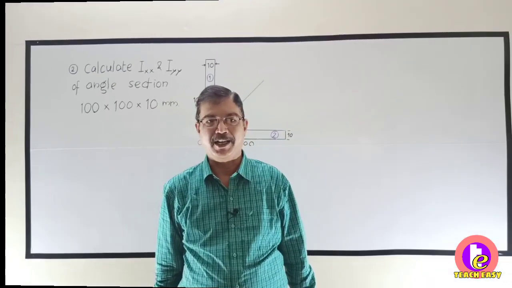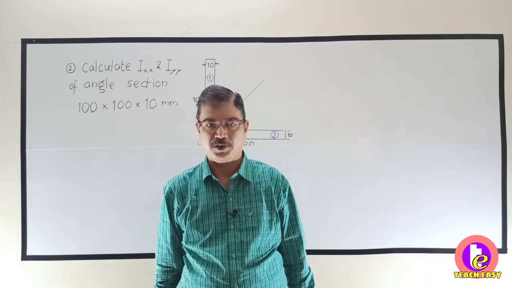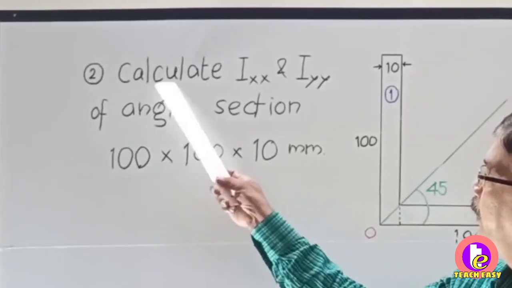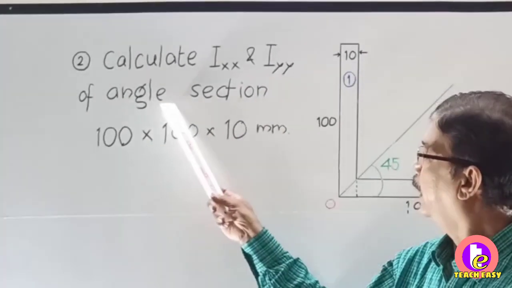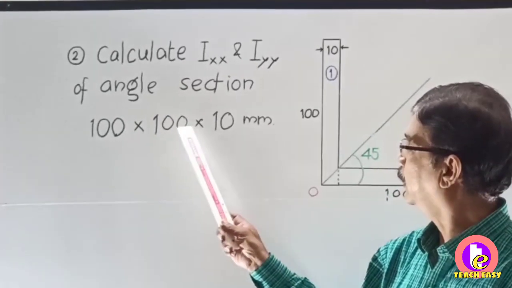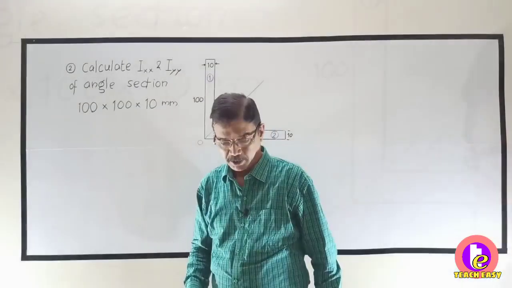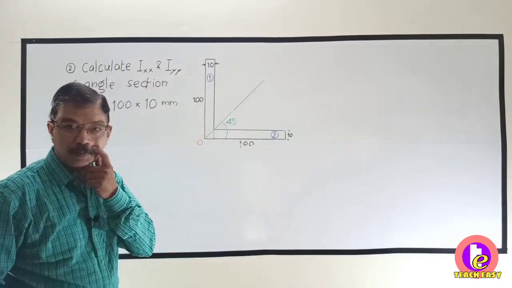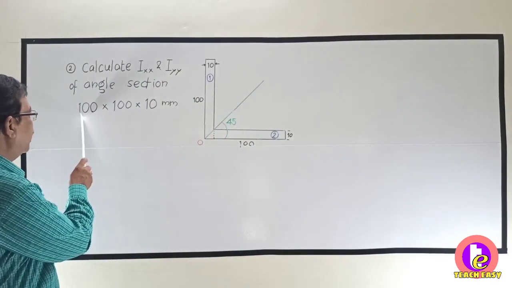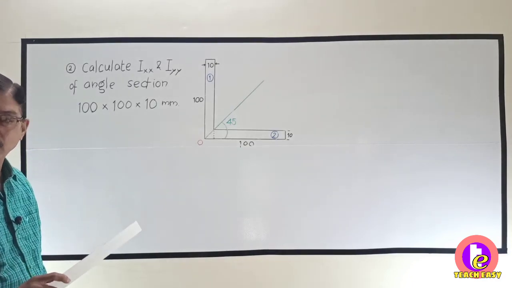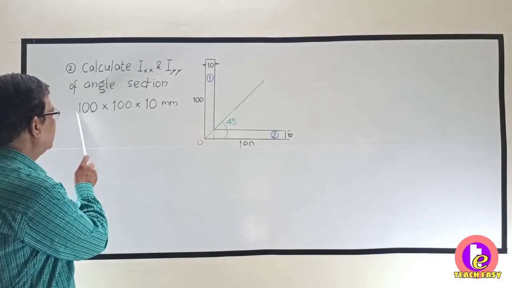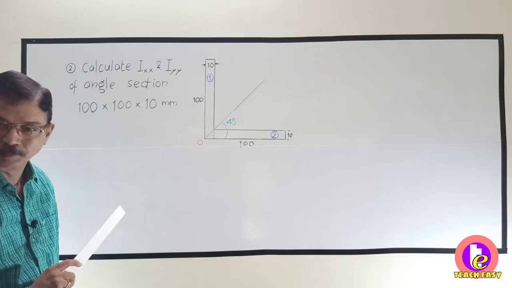Let's now take the second problem on angle section. Calculate Ixx and Iyy of angle section 100 mm by 100 mm by 10 mm. Now, in the previous problem, it was 100 mm by 80 mm by 10 mm, meaning the two legs were of different sizes.